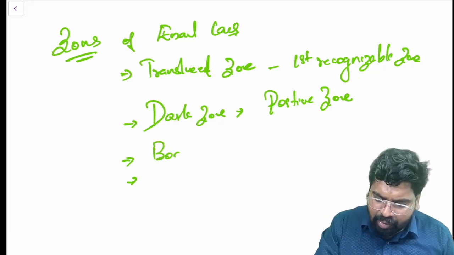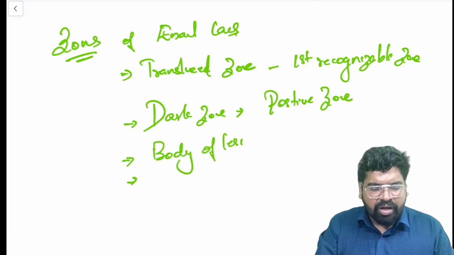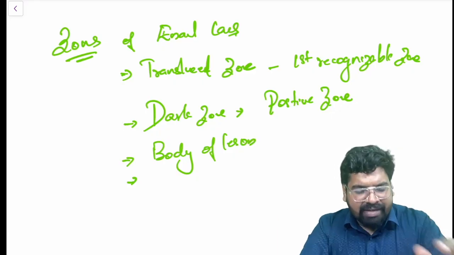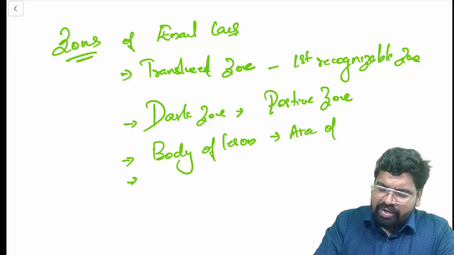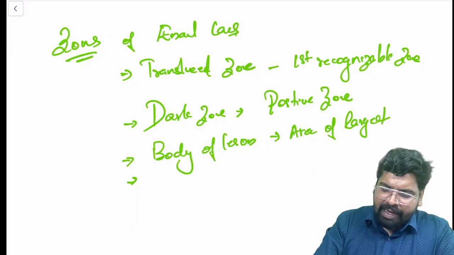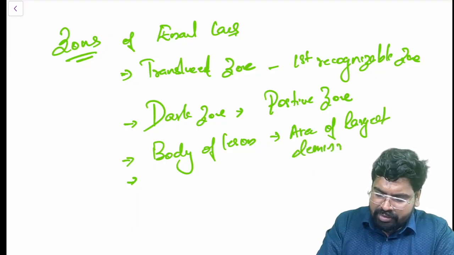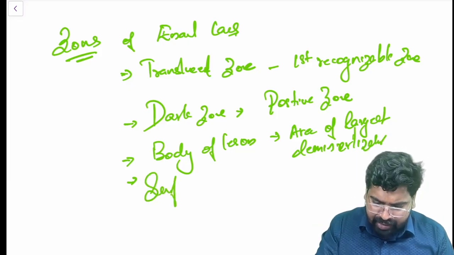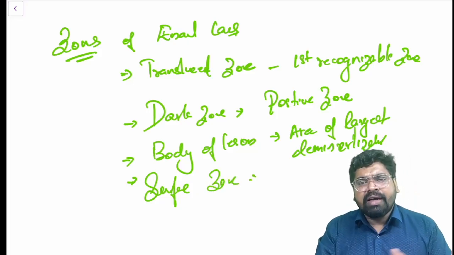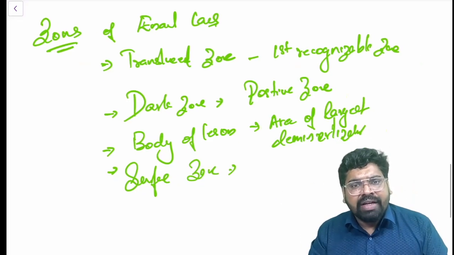The third one is the body of the lesion, because it is the area of largest demineralization. The last is the surface zone, and the surface zone is towards the saliva, so it will be more mineralized.